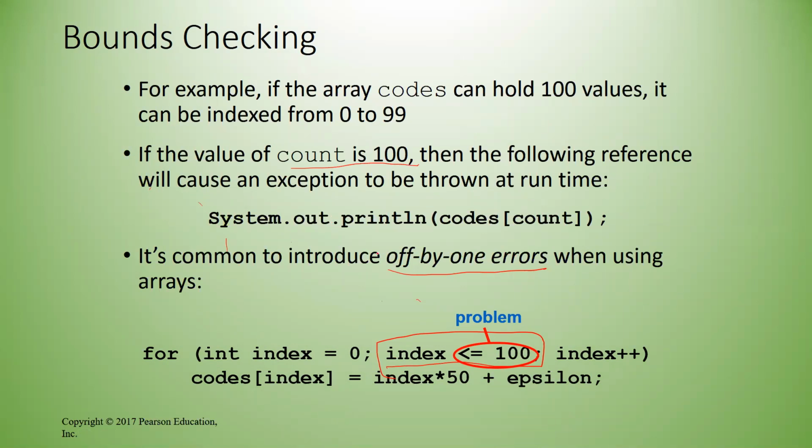So it seems very minute, but it's big because it crashes. Index less than or equal to is the problem simply because you have an equal to. If you have 100 elements, the last element's index is 99, so you should take this off.